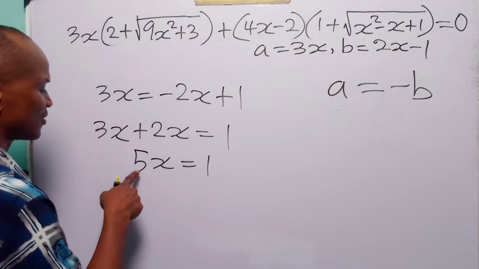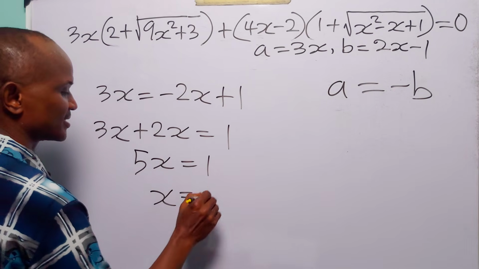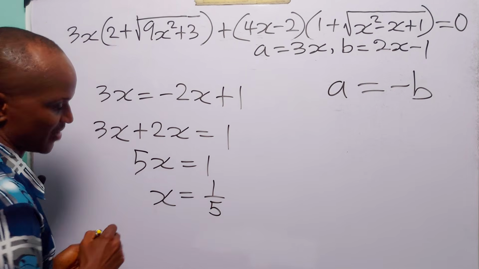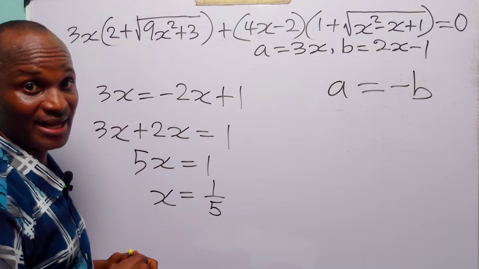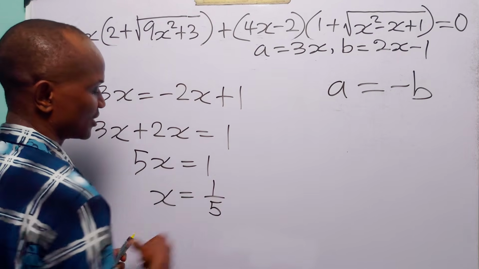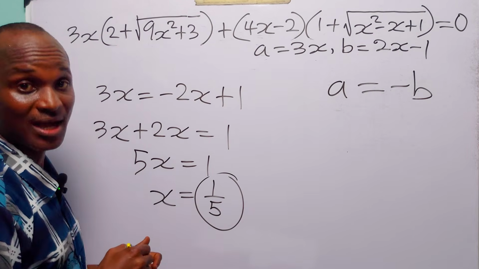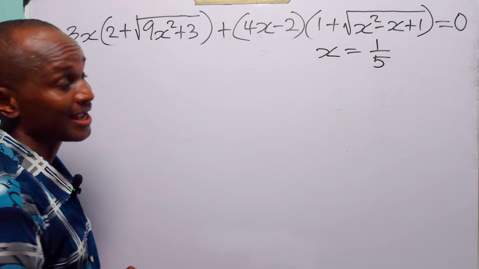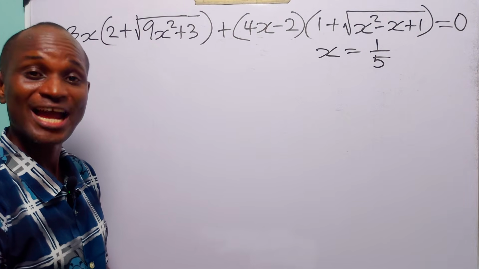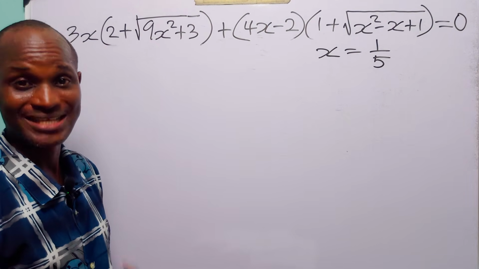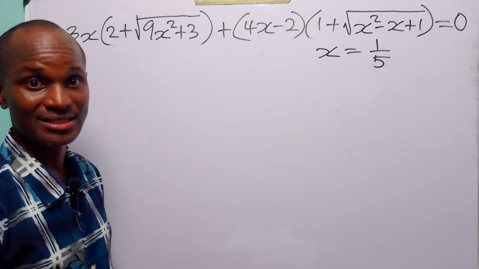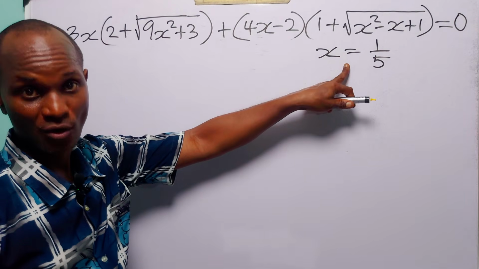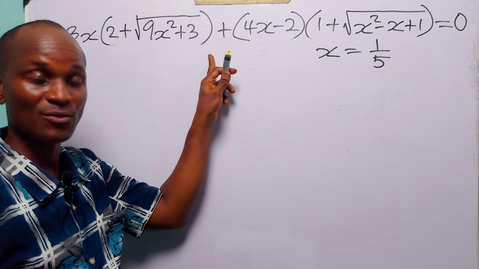Dividing both sides of this equation by 5, we have that x is equal to 1 over 5. So the only value of x that satisfies this equation is 1 over 5. And I forgot to add that f of a, which is the same as f of b, is strictly increasing. So this is the only value of x that satisfies this equation.